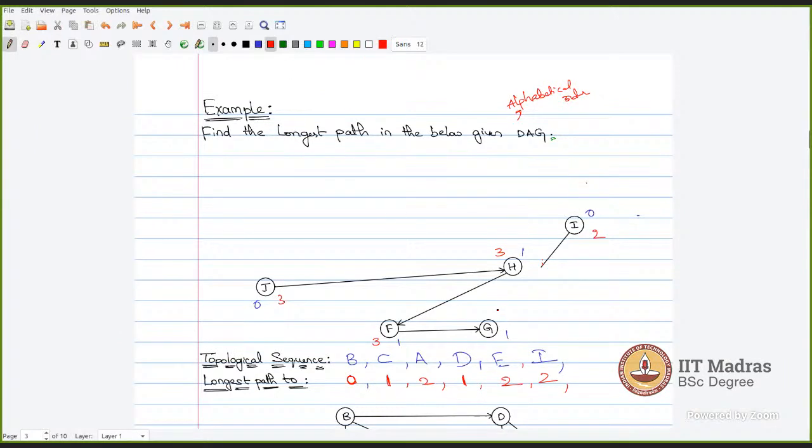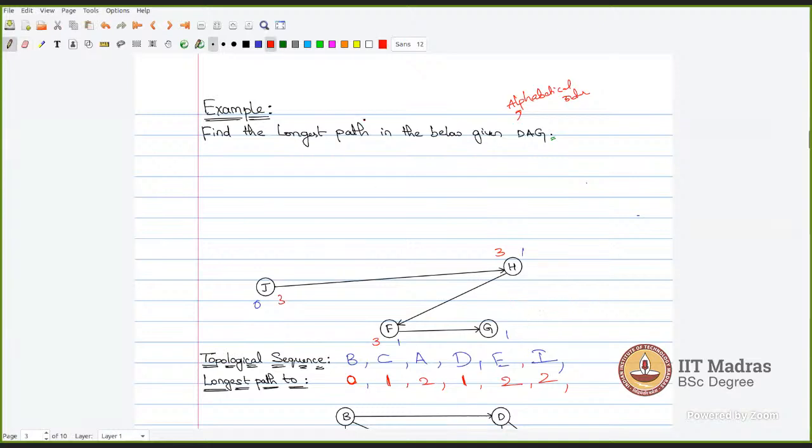What happens to the longest path? Initially it is 0. This will be max of 0 and 2 plus 1. The longest path to I is 2, so it will be max of 0 comma 3, which will be 3. We remove I.